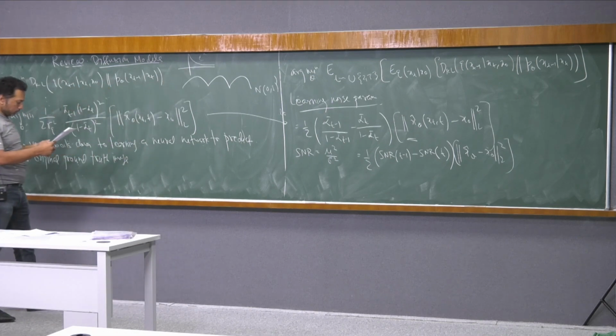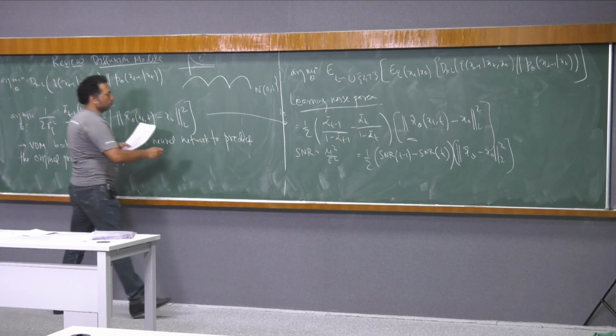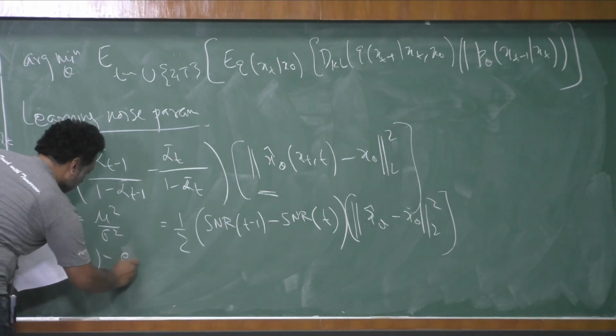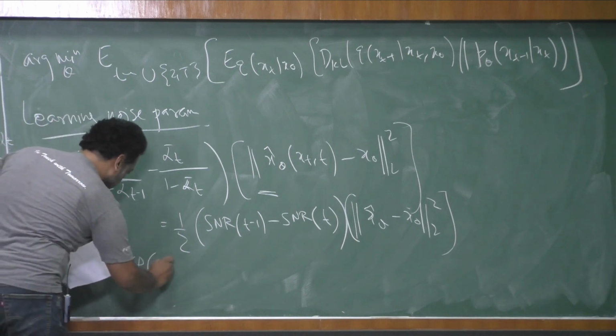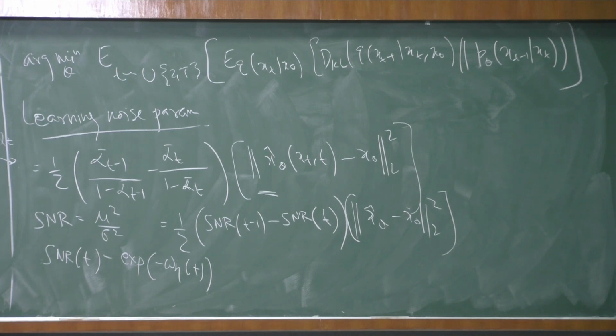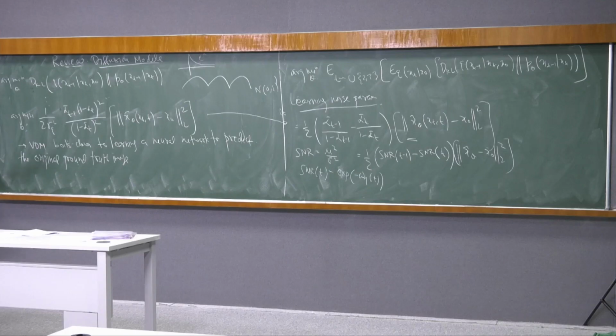So then the correct form was: SNR(t) is an asymptotically decaying function, which is exponential of minus omega eta t, where omega eta t is some monotonic increasing function. Okay, monotonic with t, so that the overall exponential of minus omega eta t will be decreasing.